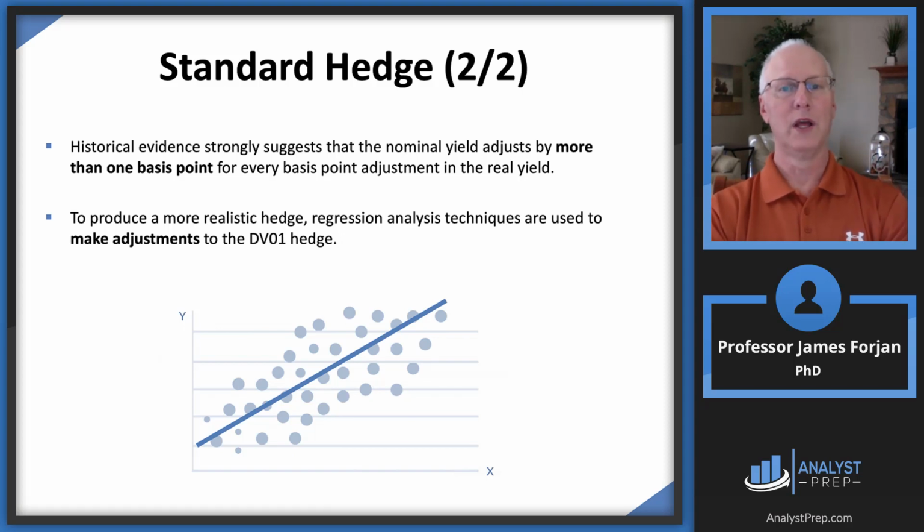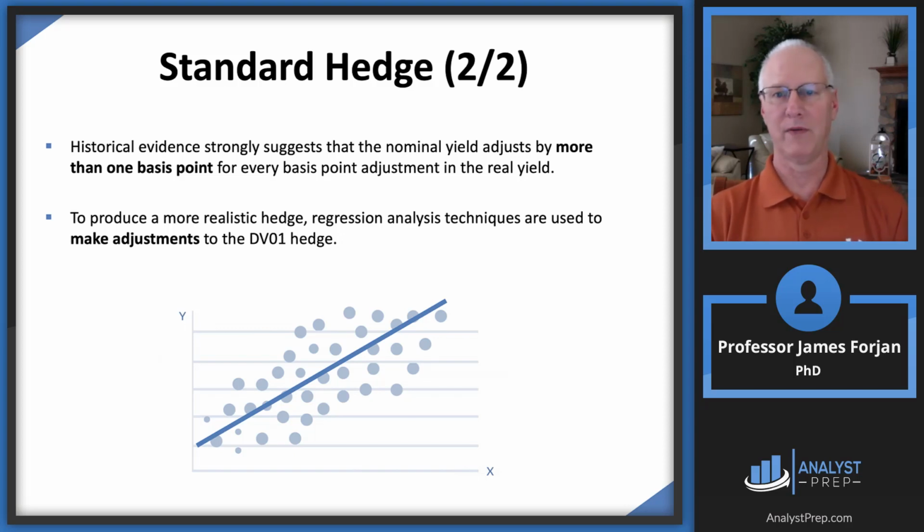What we're going to do is use some regression analysis techniques to make adjustments to that standard hedge. That standard hedge was just the 10,000 over the 5,000. Then we'll use our statistical friend, some regression analysis, which ultimately is going to result in a regression coefficient.